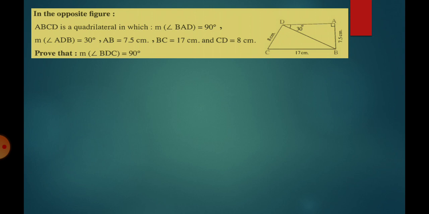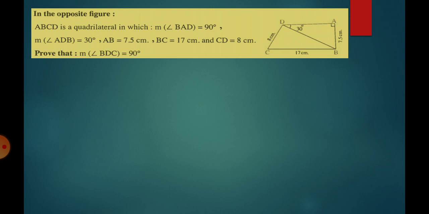What is the relation in the right-angled triangle if the measure of one of its angles equals 30 degrees? In a right-angled triangle, the length of the side opposite to 30 degrees equals half the hypotenuse. In the triangle ABD, measure of angle A is 90, measure of angle D equals 30.